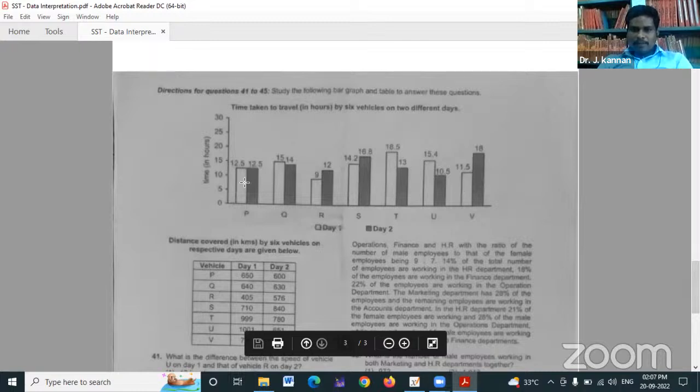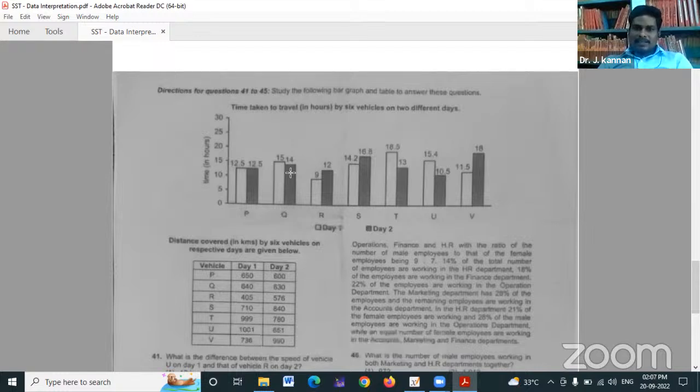Actually the problem is represented by 7 vehicles, the time taken to travel by 7 vehicles on 2 different days. Actually P, Q, R, S, T, U, V, 7 vehicles. Here the time in hours is on the y-axis and the vehicles on the x-axis, given the time taken to travel.